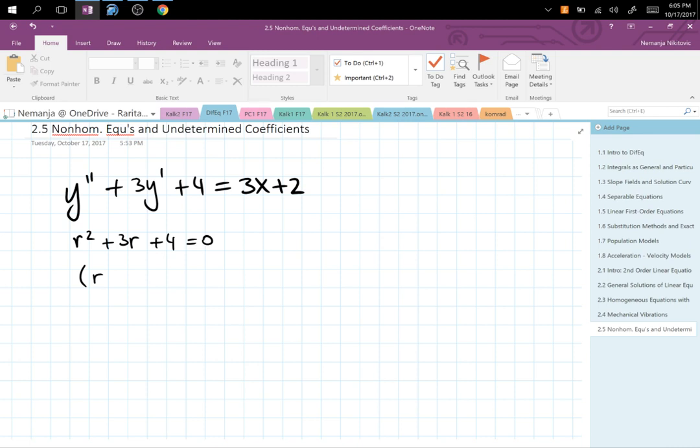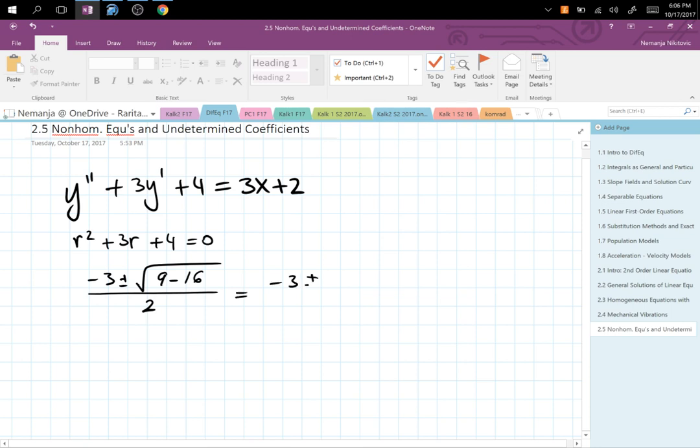Yeah, okay. So negative b plus or minus the square root of b squared minus 4ac. That's minus 9, right? Which is negative 3 plus or minus, and this is negative 7, right?